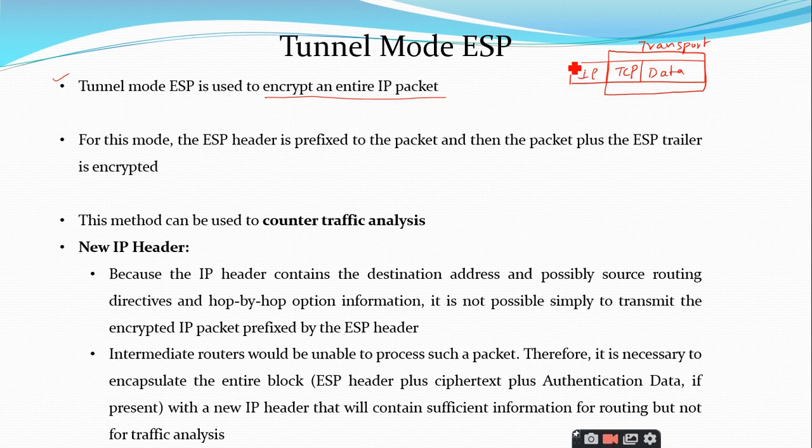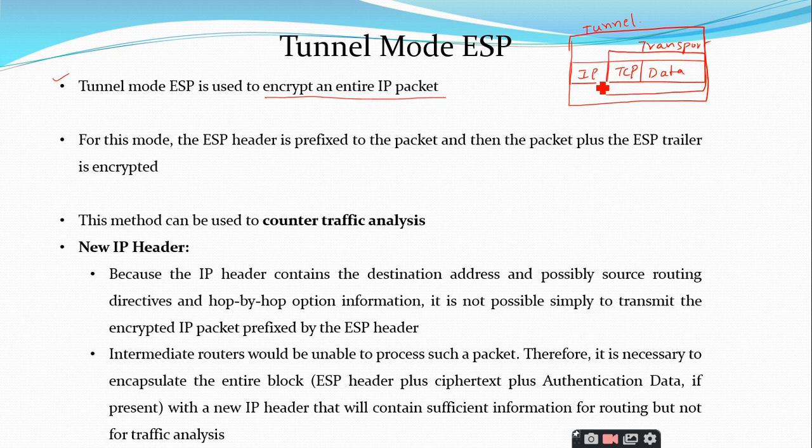But if you look at the tunnel mode, the entire IP packet is going to be encrypted. That means it will start from the IP header, and the entire TCP header plus the data will be encrypted. So this is tunnel mode. Since you are securing the IP information also, the IP header is also in ciphertext format.